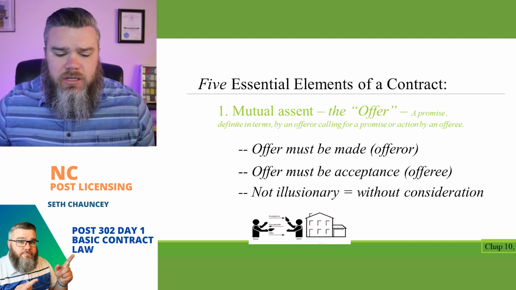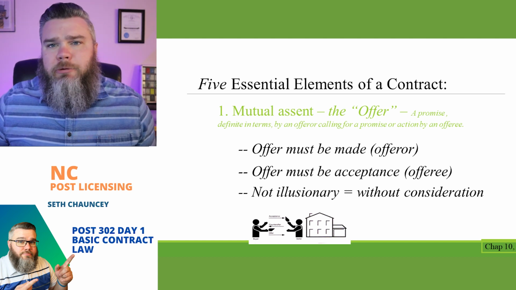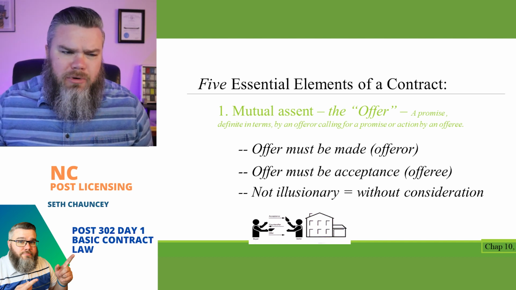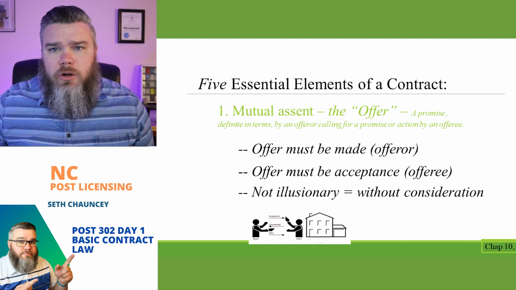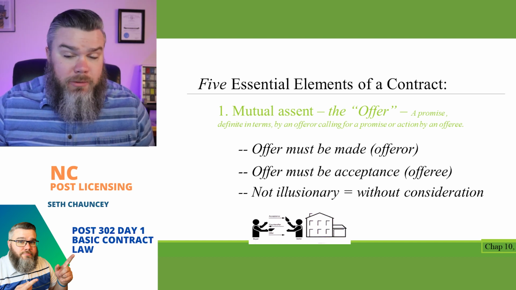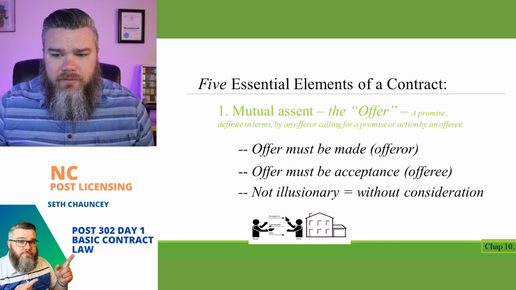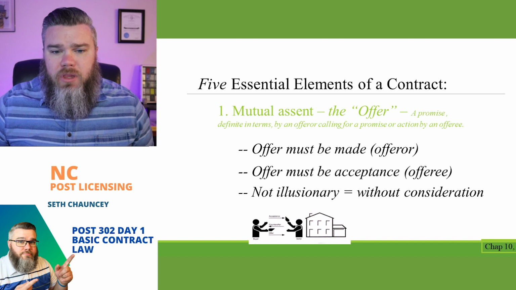Now, this right here says not illusionary, or illusory is the other way to say it, which basically means lacking consideration. Let me give you an example of this. I don't know if any of you are following cryptocurrency right now, but there are several different ones out there, and one of them is Shiba Inu, and it has a very, very small exchange rate.